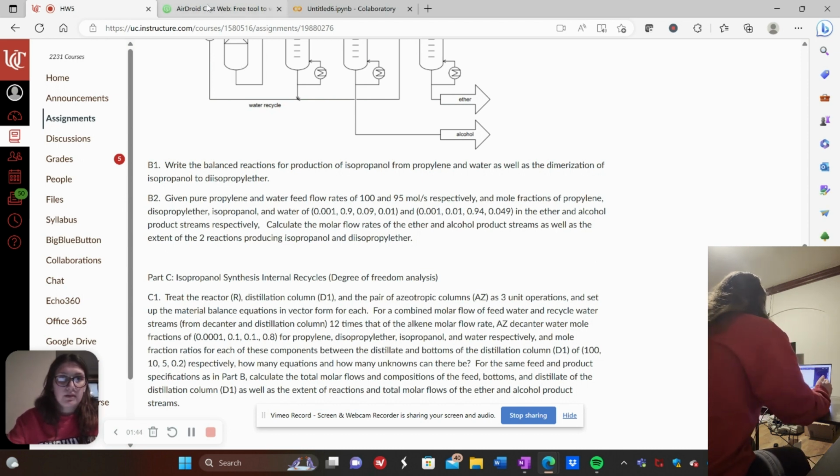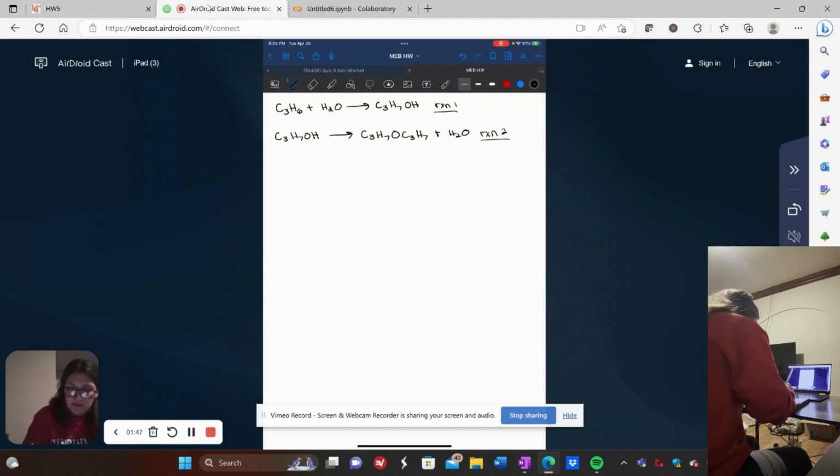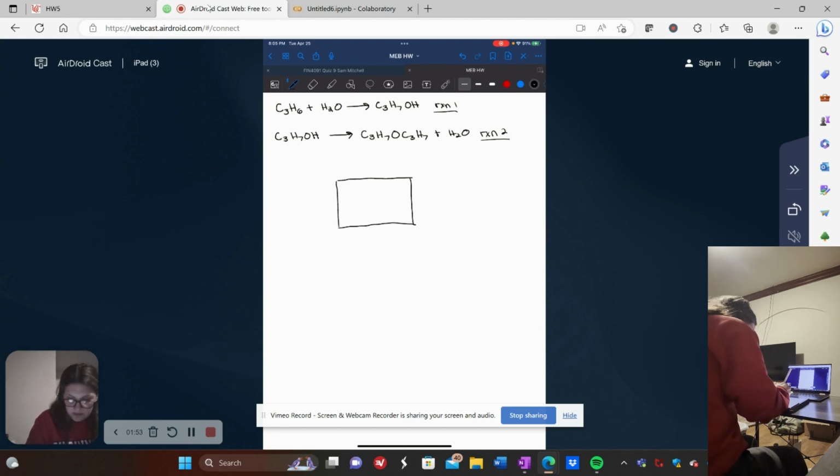So what we have is our system, which we're just going to represent by this box with two inflows and two outflows. We have propylene here as one inflow at 100 moles per second.